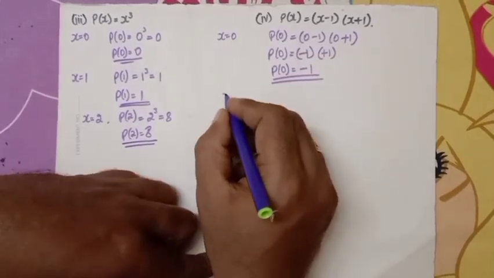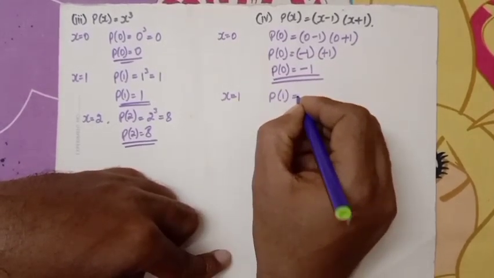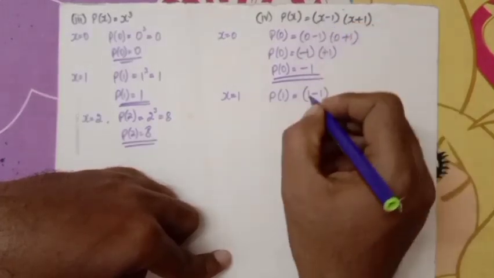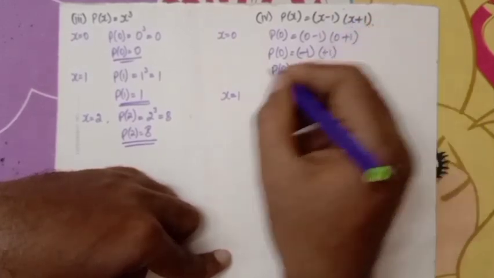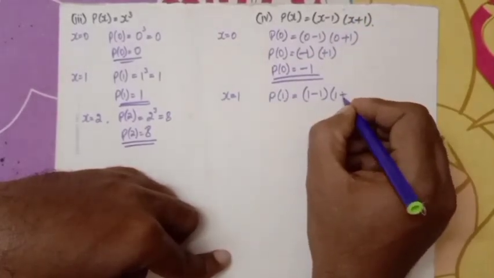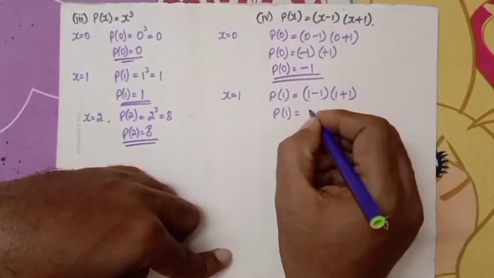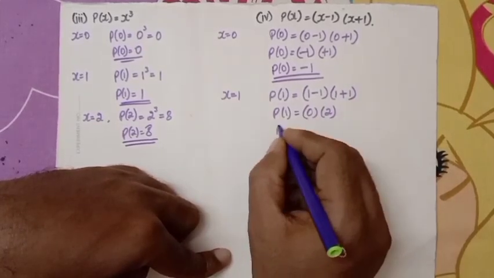And in the second case, x is equal to 1. P of 1 is written as 1 minus 1 into, in place of x we have to replace 1 plus 1. So p of 1 is equal to 1 minus 1 is 0 into 2. So 0 into anything is 0.